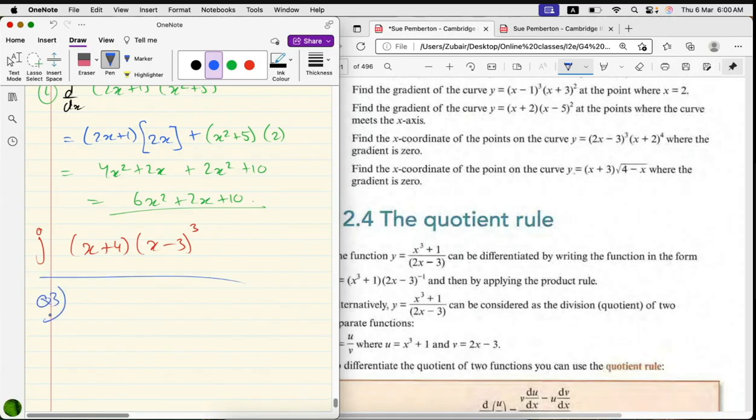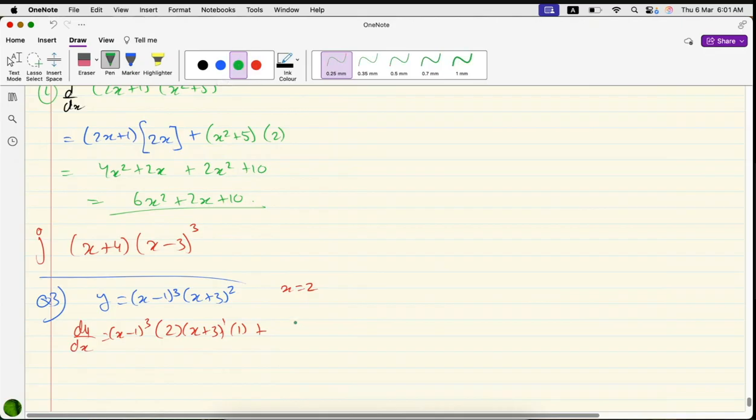Okay. Question 3. y is equals to x minus 1 whole cube into x plus 3 whole square, and we need to find the gradient at the point when x is 2. So dy by dx is first function into differentiation of second plus the second function into differentiation of the first.